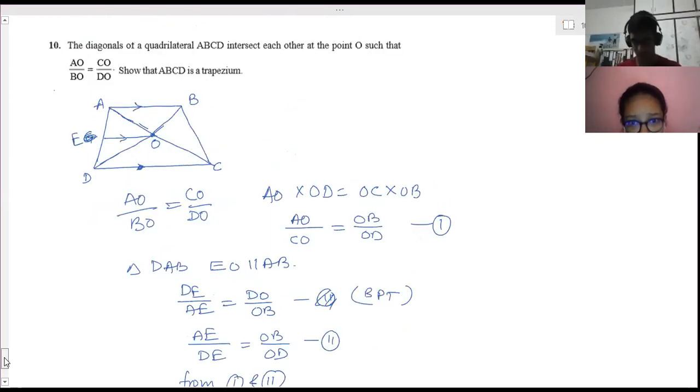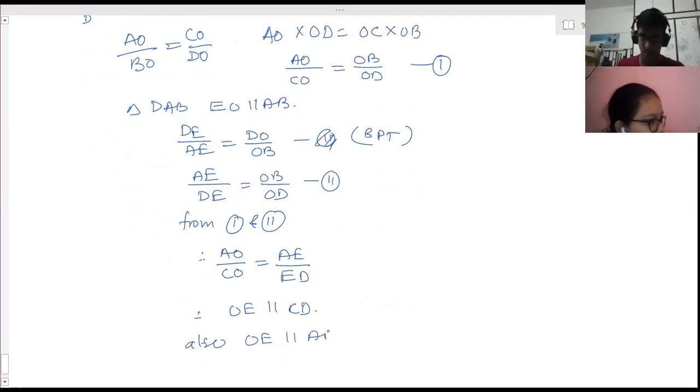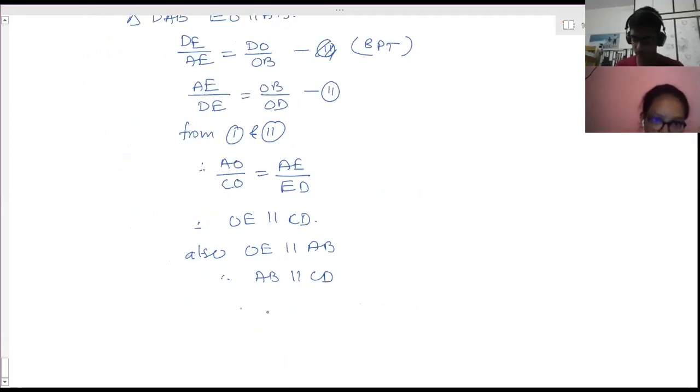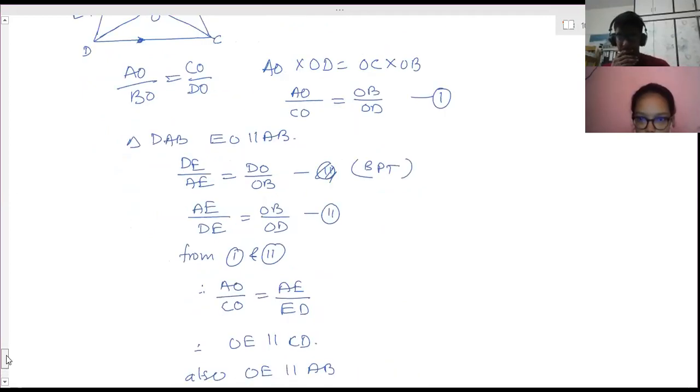Therefore OE is parallel to CD. Now AB is parallel to OE as well as OE is parallel to CD, and therefore ABCD is a trapezium with one pair of sides parallel. Ma'am, is it correct? Yes.